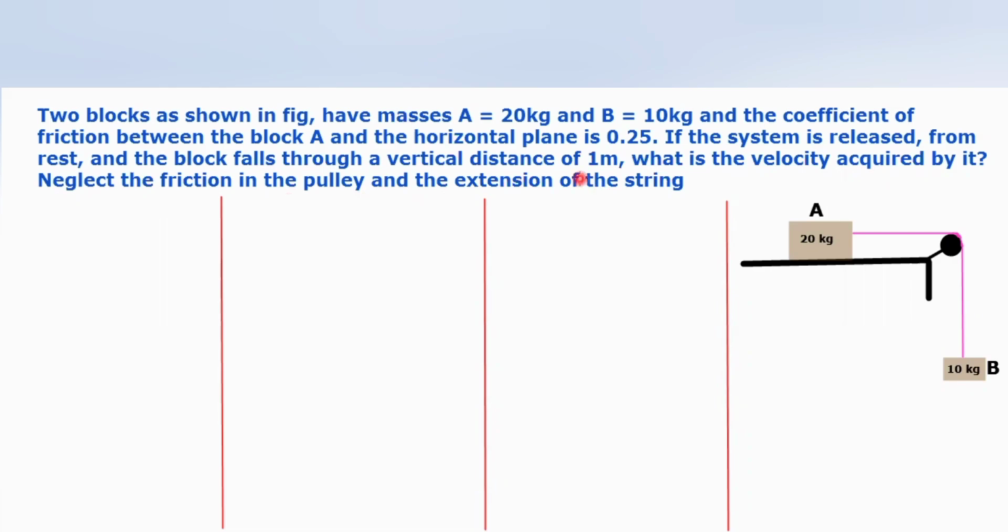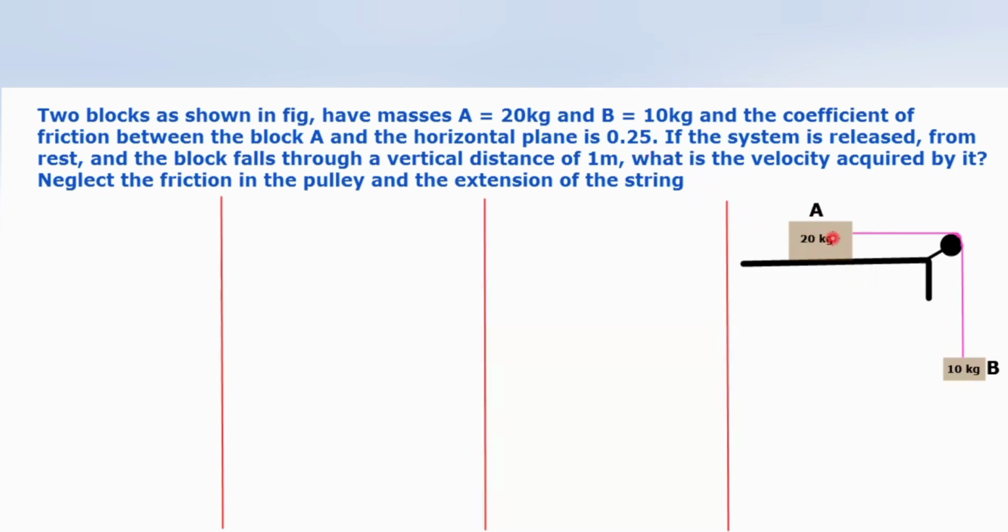Here, the diagram is given. There are two blocks, A and B. A has a mass of 20 kg. B has a mass of 10 kg. The object A lies on a rough horizontal surface. The coefficient of friction between the horizontal surface and the sliding object A is given as 0.25.